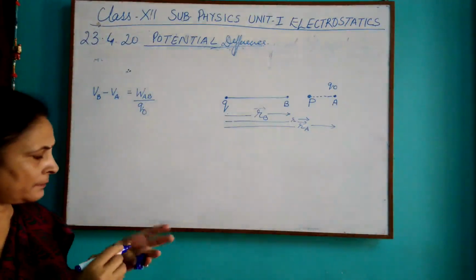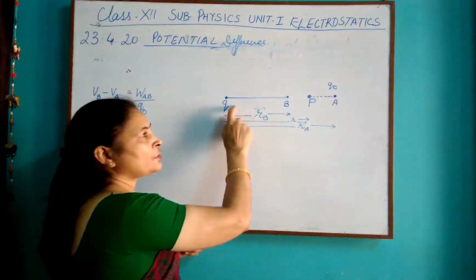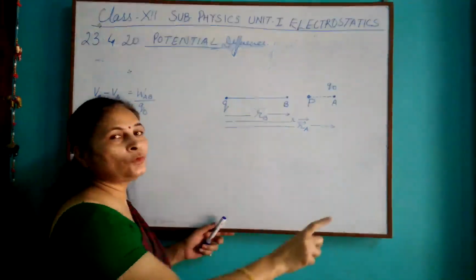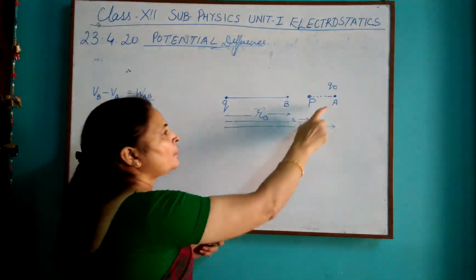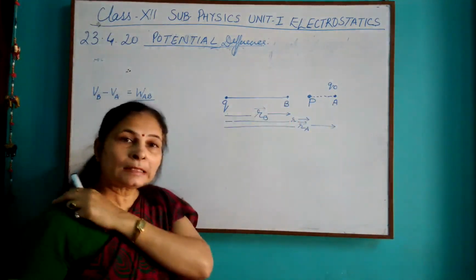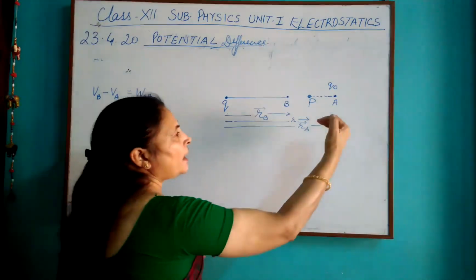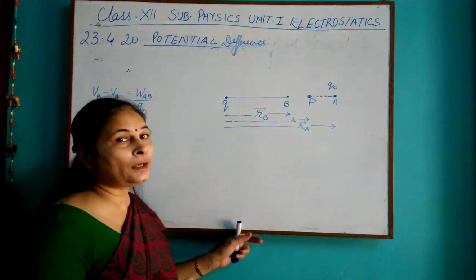I'll again repeat. In the electric field of charge Q, I am going to move a test charge Q naught from point A to point B. And certainly, as you know, as you will keep on bringing the charge from A to B, work has to be done.